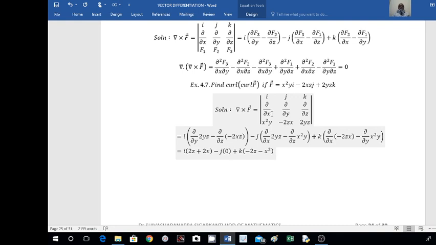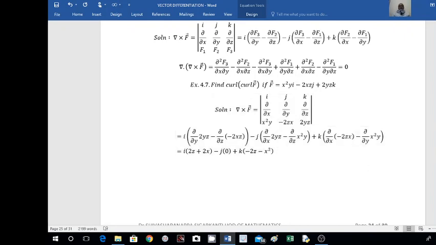Minus j into dou by dou x of this, 2yz, is 0, minus dou by dou z of x square y is also equal to 0. So this term becomes 0. Plus k into dou by dou x of this is minus 2z, minus dou by dou y of this is x square. So this is our del cross f.